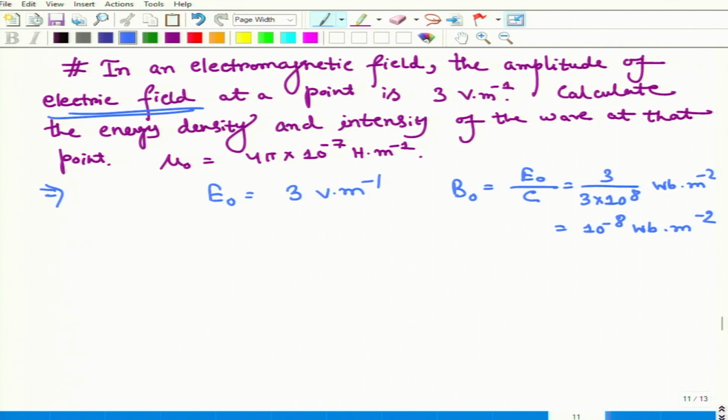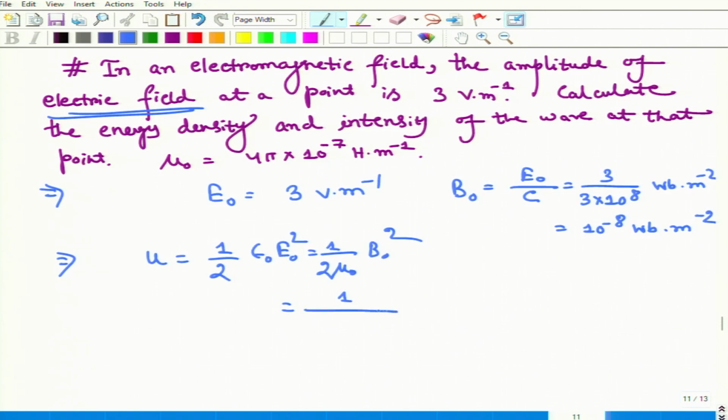Now we have to calculate the energy density. You know that U is 1 by 2 epsilon naught E naught square, but E naught is not given here, so we need to write it in terms of B naught square. So it will be 1 by 2 mu, where mu is 4 pi into 10 to the power minus 7, and B naught square is 10 to the power minus 8 squared.